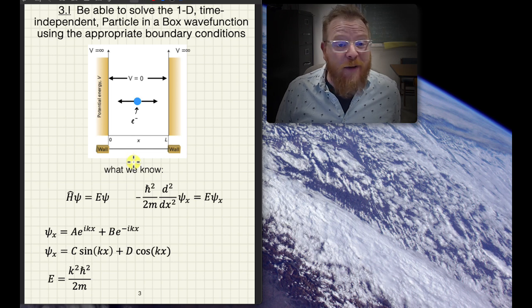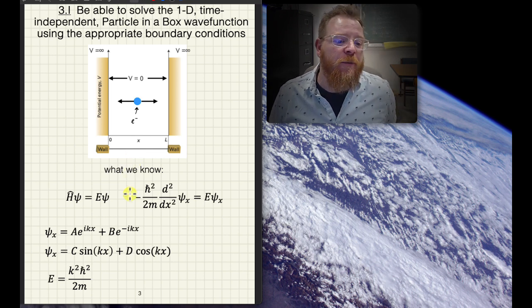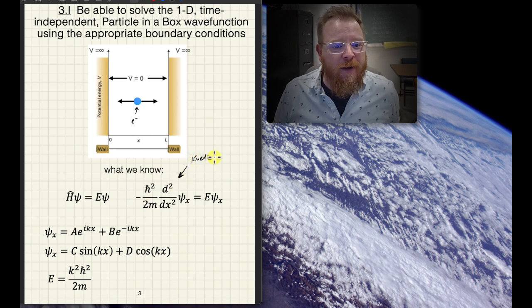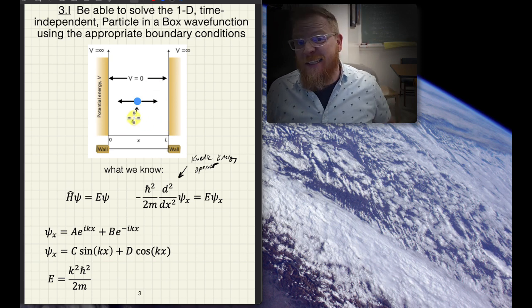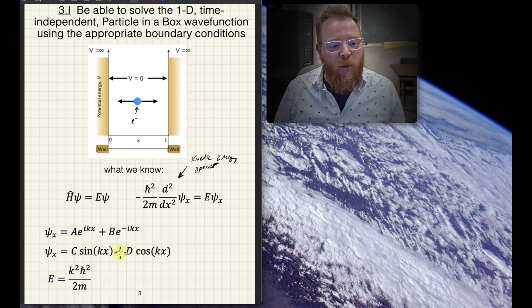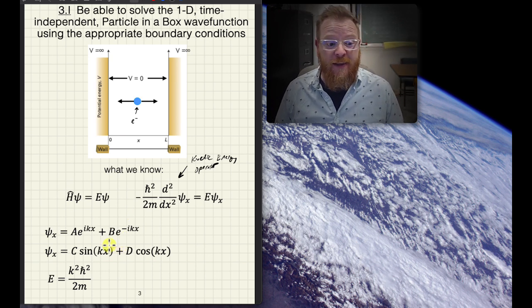So we can use everything that we've collected thus far. We have our Schrodinger equation, plugging in our kinetic energy operator, because the potential energy inside the box is 0, so we've dropped the potential term. And we learned from last time we can get a general solution for this wave function that looks something like this.